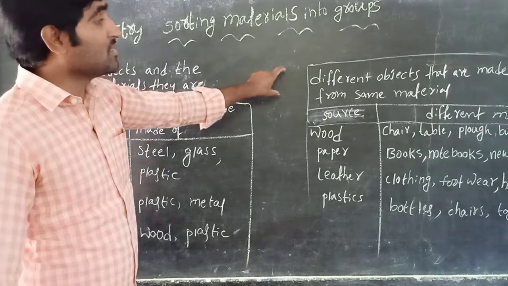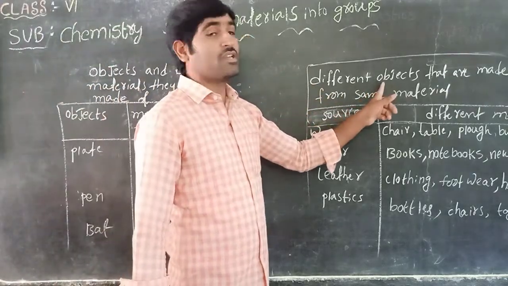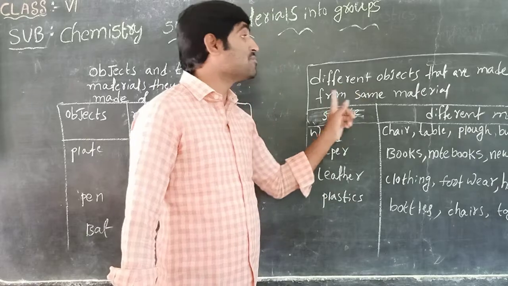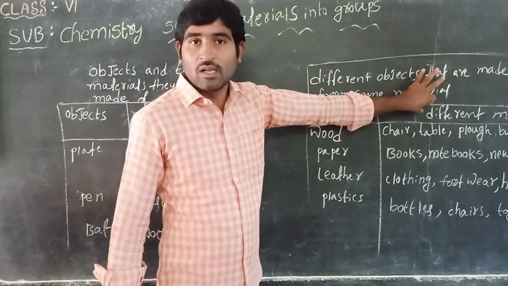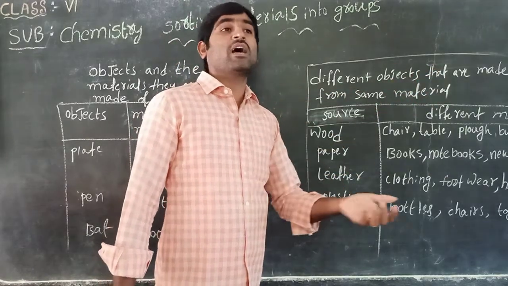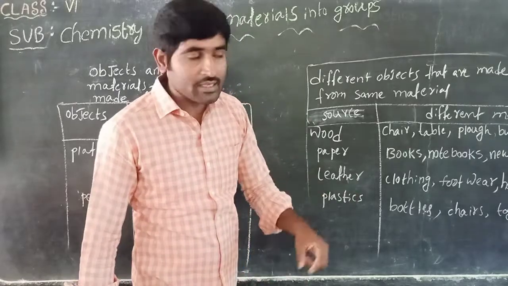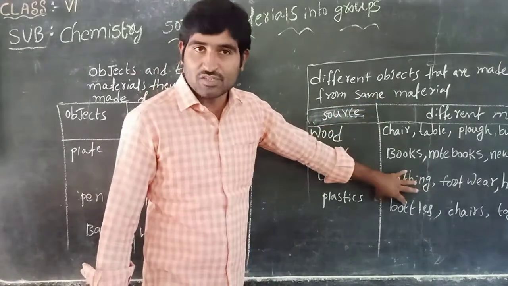In this table we are seeing different objects that are made from the same material. To list our objects more systematically, we have made one more list.